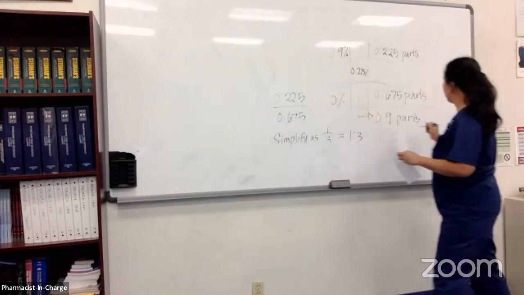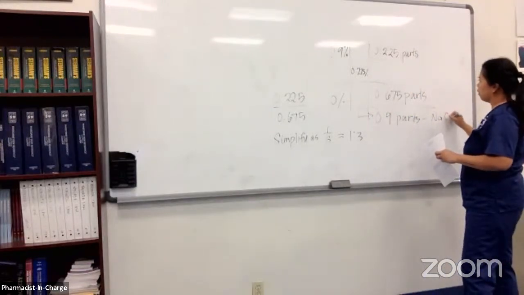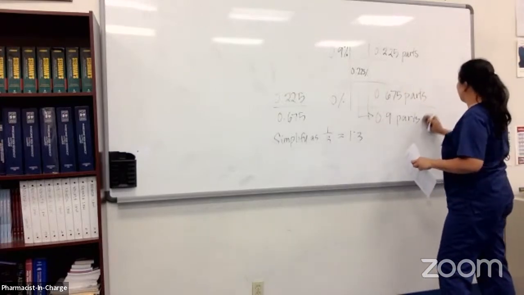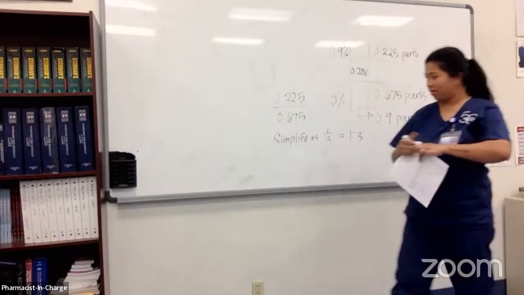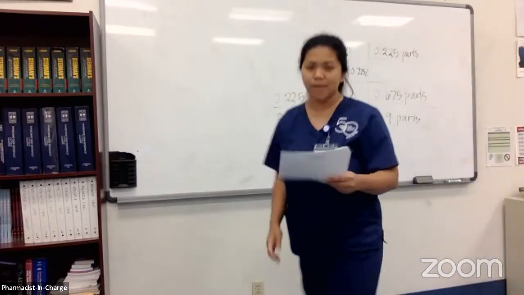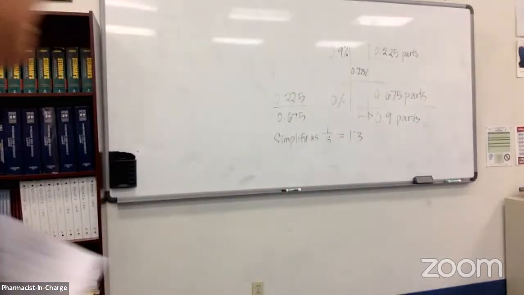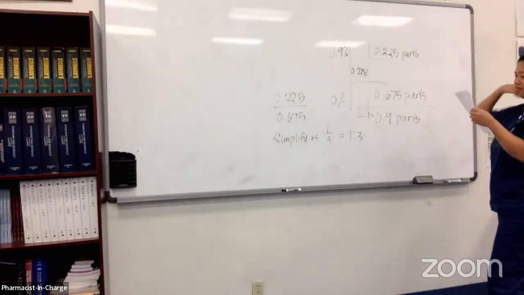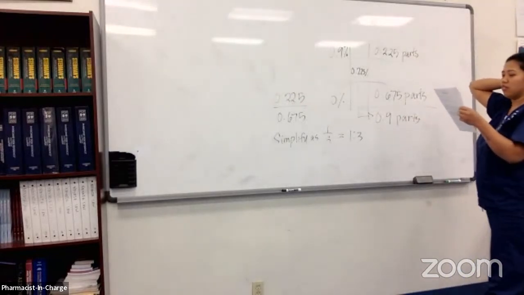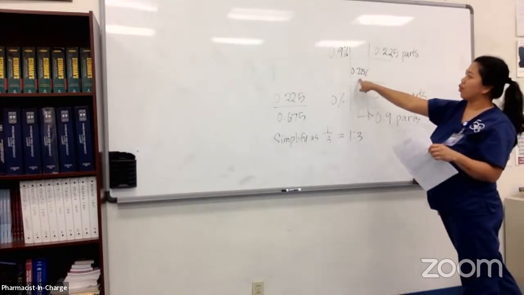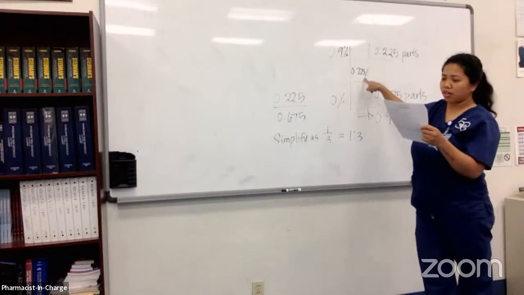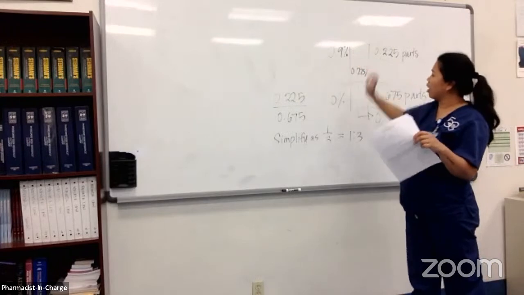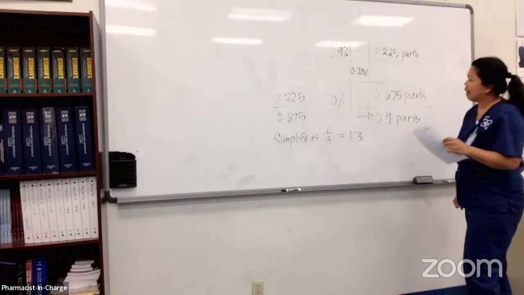Another way you did it, anybody else? Explain. So the total volume should be 0.225, and the technician has to mix 0.9 of sodium chloride and water. Normal saline.